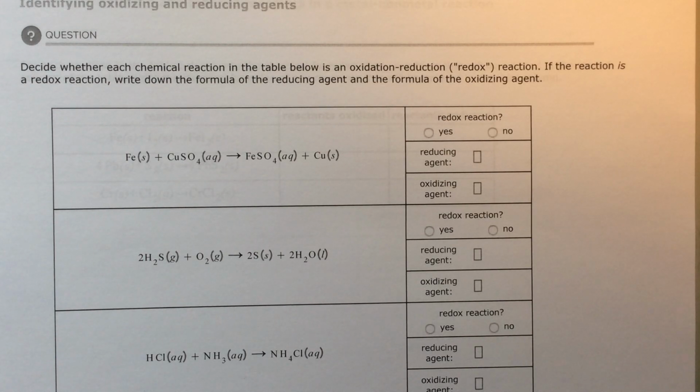Whoever you stole it from is also being oxidized. It's the reducing agent because it allowed you to be reduced, but it's also being oxidized. That way you are the oxidizing agent of whatever gained in charge.